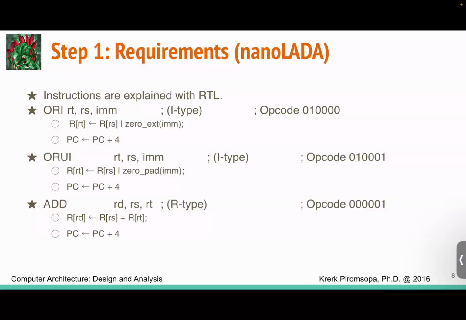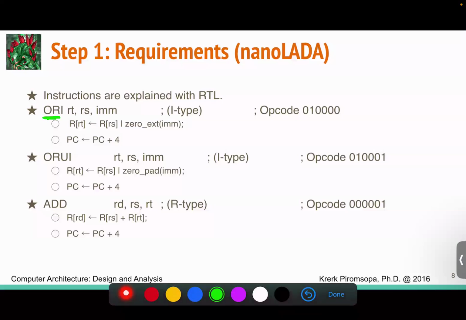We have the first instruction, we call it ORI. What is ORI? To explain the instructions, usually they would have some kind of pseudocode, but we have a special word for it. We call it register transfer language, RTL.